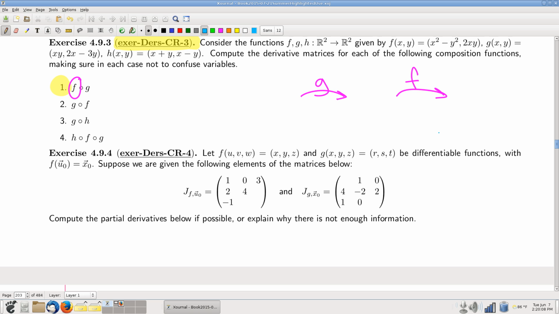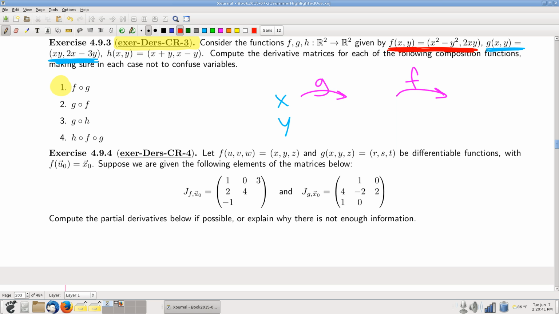Doesn't really matter which way we do this. Arbitrarily, I'm going to leave G written in terms of X and Y, and I want to rewrite this function F in terms of 2 other variables. You could use U and V or S and T or whatever.